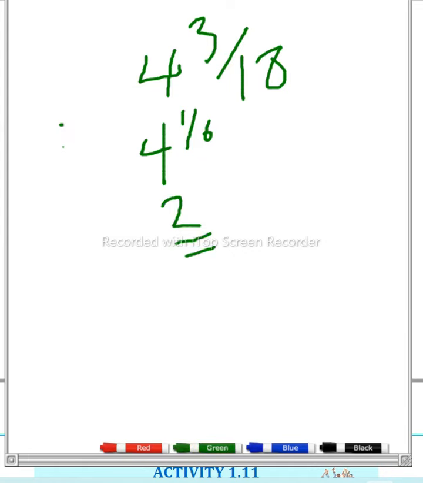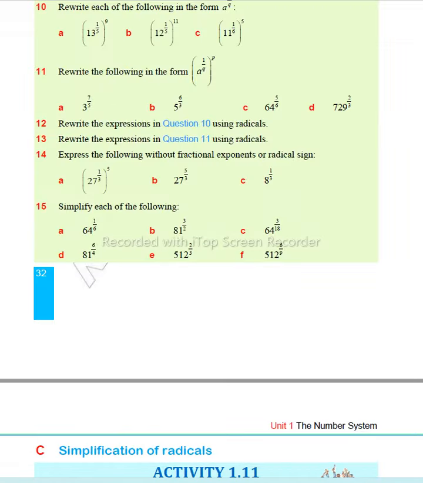And the next question is E. It says 512 to the power of 2 over 3.